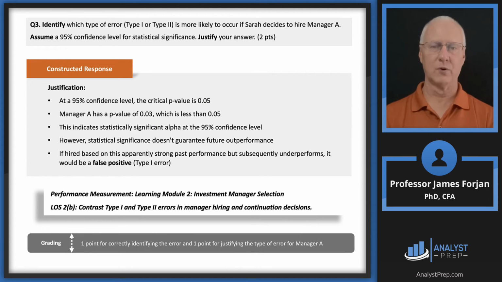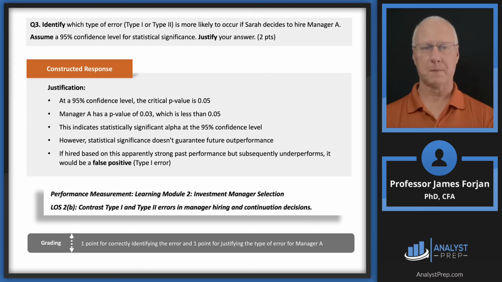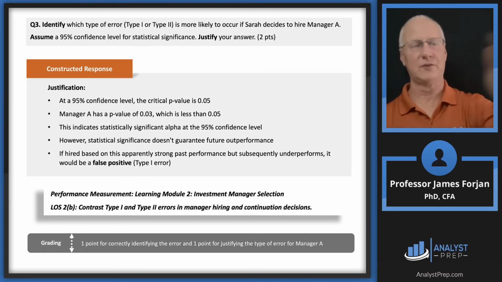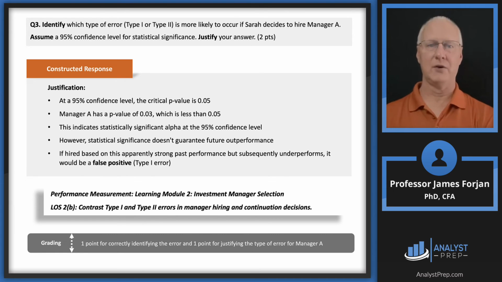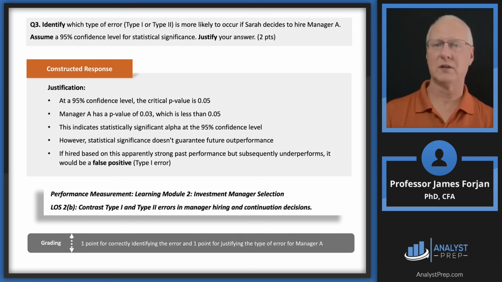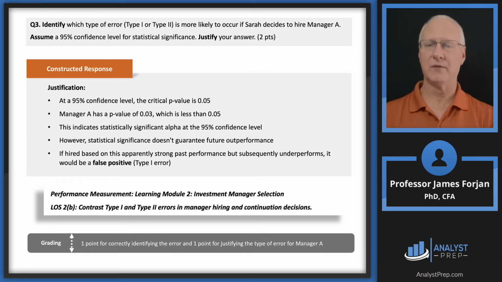All right, so let's work through that particular table. We know that at the 95% confidence level, the corresponding test statistic, when we did all that kind of stuff with hypothesis testing, and then we summarize that with a p-value, that's 0.05. So manager A has a p-value of 0.03, which means they're statistically significant in terms of the computation of that alpha.